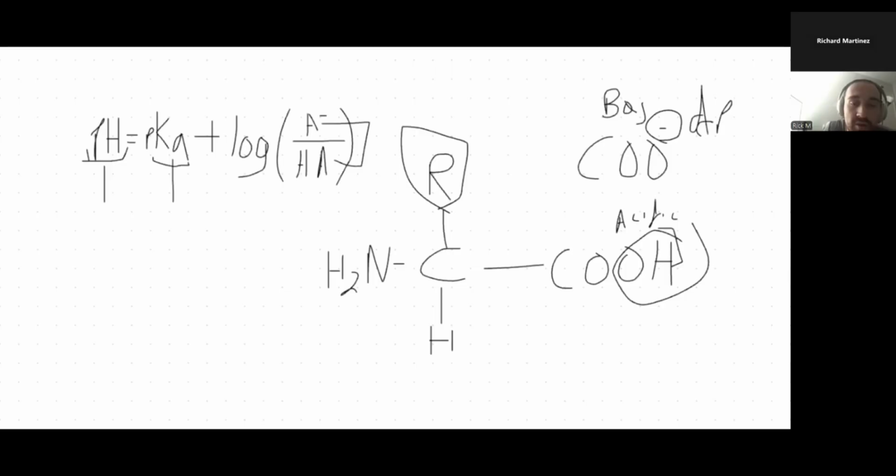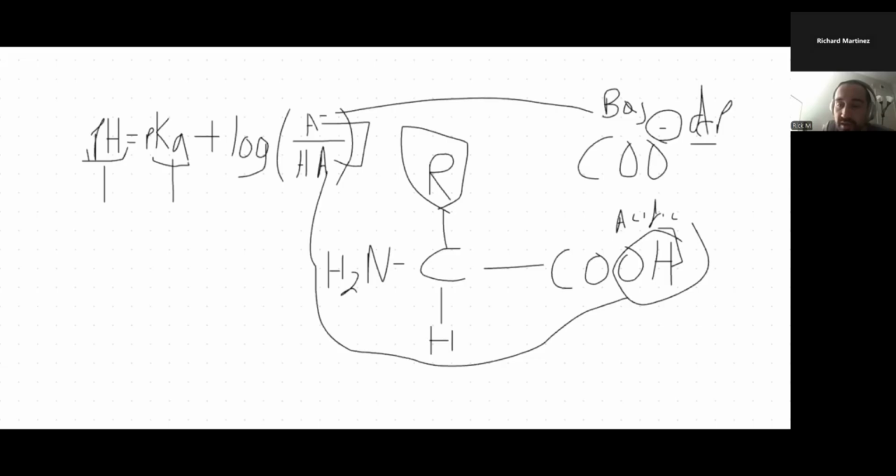Okay, A minus, remember we go back over here. This is basic, deprotonated. If you can even read my writing, right there. And then HA would be right there. Acidic. So when this has a proton, protonated, acidic is going to be on the bottom.